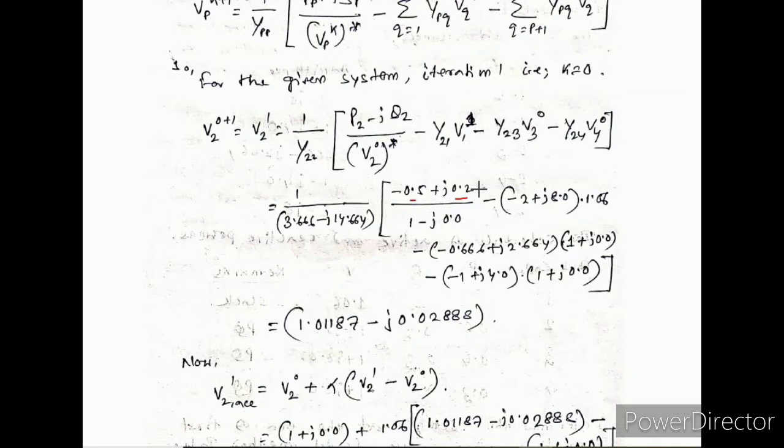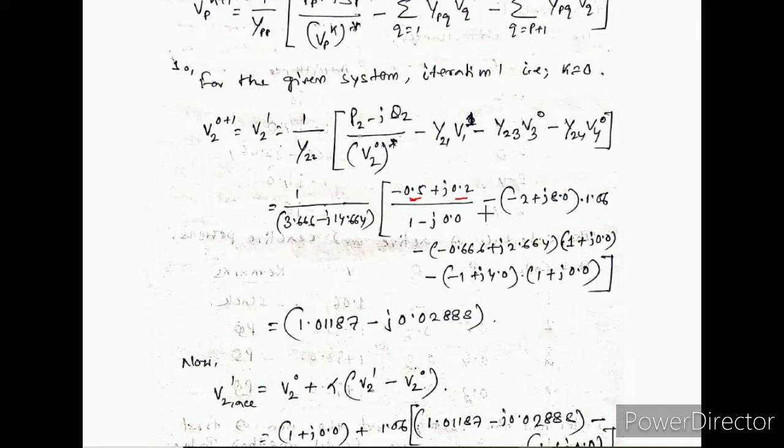That means if the power flow is 0.5 per unit, for the generator bus it will be positive 0.5 per unit because it is sending, whereas the load bus is receiving, that is why the power will be negative. So that is why I have written for P2 minus 0.5, and Q2, if we take minus, it will become plus 0.2.